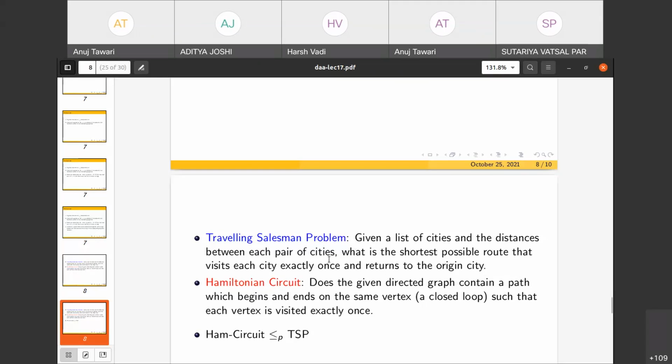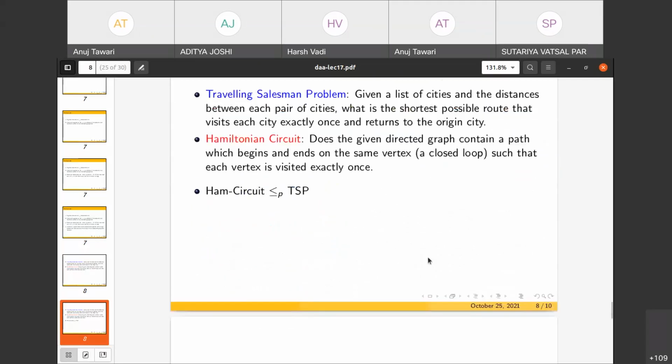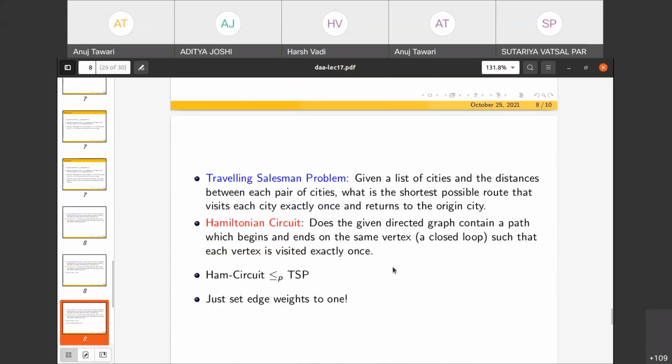So the distance between each pair of cities is 1, and we want to find the shortest possible route of length n because there are n many cities here. Right? So that's exactly the idea. If you just set the edge weights to 1, you can solve this Hamiltonian circuit problem. It's just the same problem written in two different languages. Here we have cities, here we have vertices. So this is another fairly straightforward reduction.